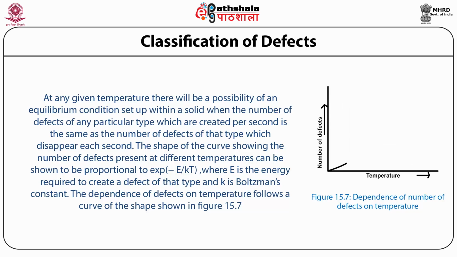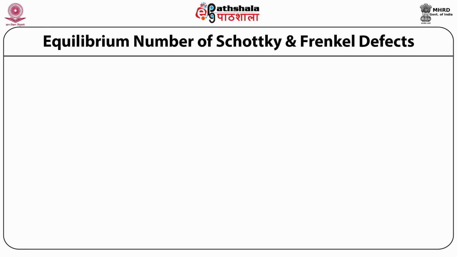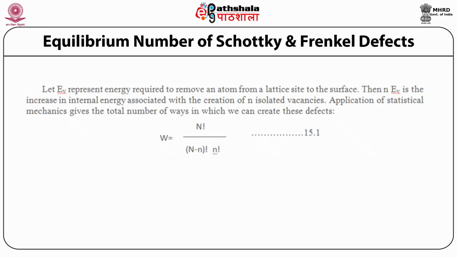The dependence of defects on temperature follows a curve of the shape shown in figure 15.7. Figure 15.7 shows dependence of number of defects on temperature. Equilibrium number of Schottky and Frenkel defects.